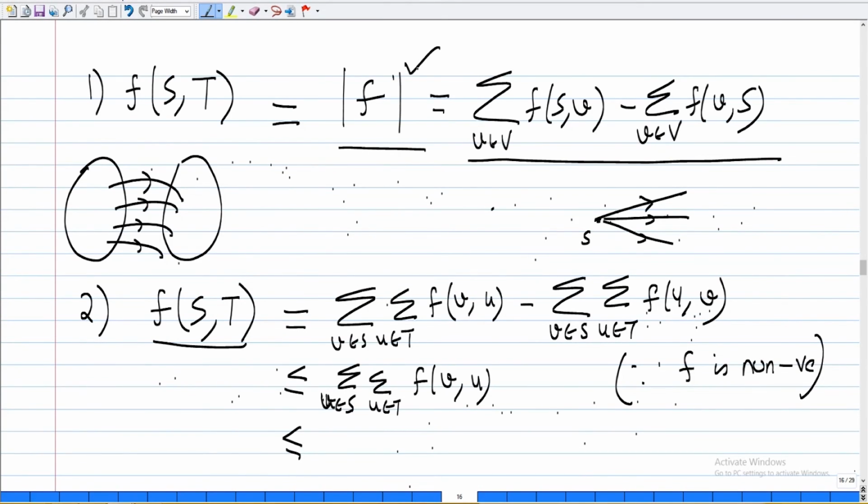Starting from F, this is less than or equal to this, for a particular flow. What is this less than or equal to? Capacity, right. So this is summation V belonging to S, summation U belonging to T, C of V comma U, because every flow respects the capacity of the edge. This is the capacity of S comma T.